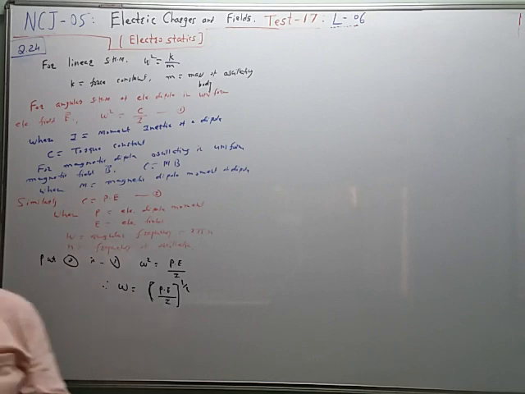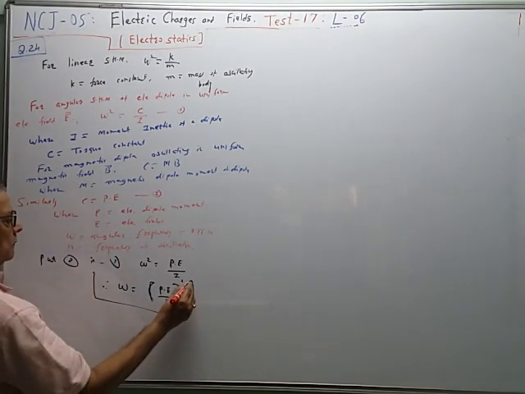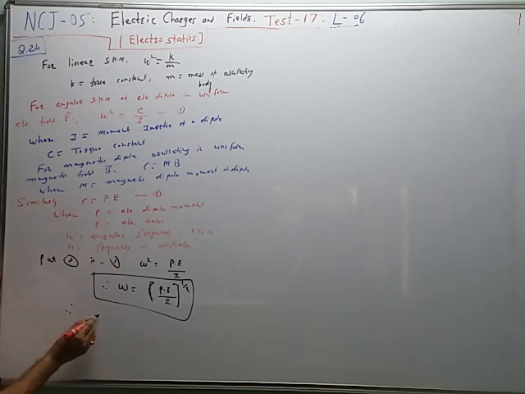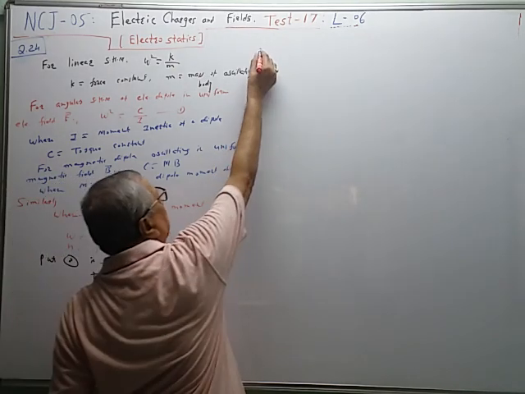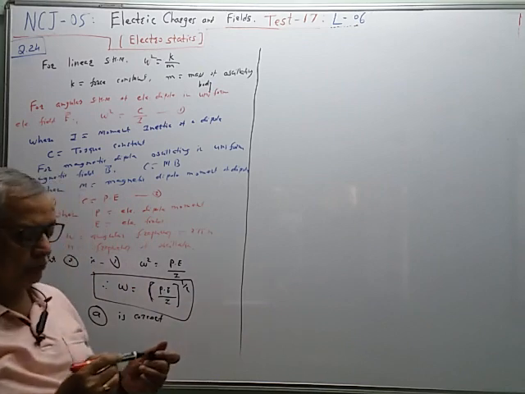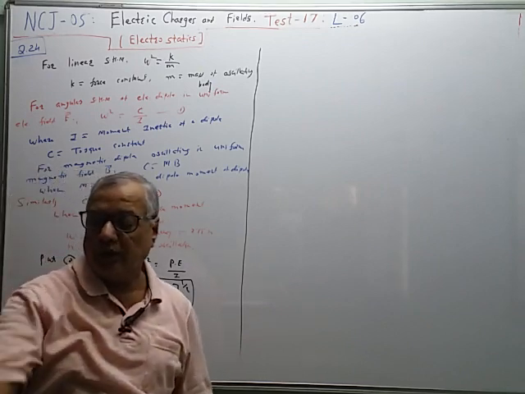So the correct choice is A. Therefore A is correct. So A choice is correct.